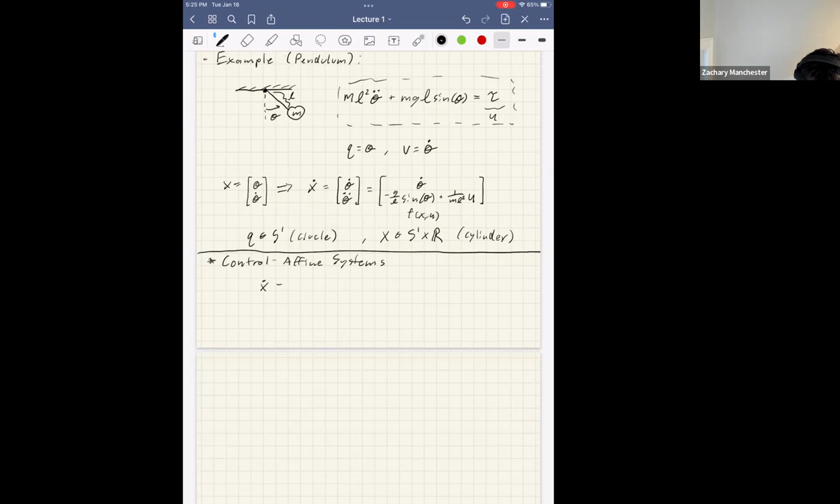X dot equals F naught of X, which importantly is only a function of the state, plus, what should we call this, d of X times U. This F naught we call the drift term. And then this is called the input Jacobian.